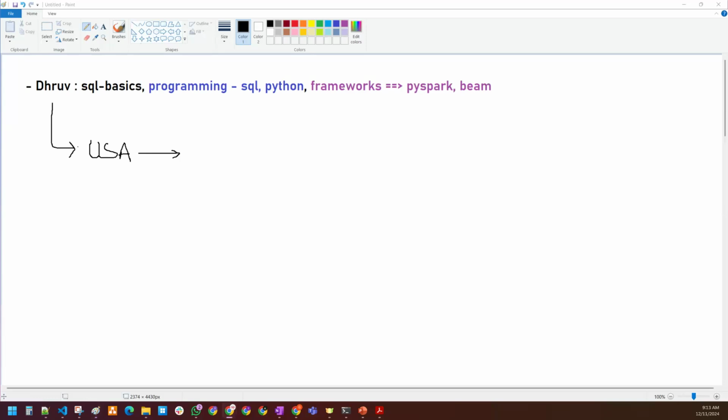Okay guys, this is it for today, and we are going to have a second session tomorrow. We are going to start our actual topic from tomorrow: why we need the cloud platform and how it is different.